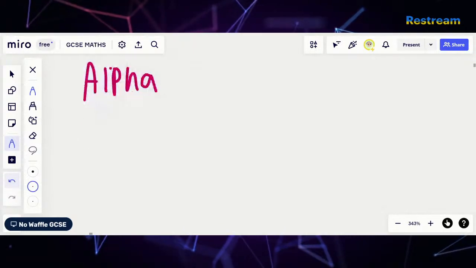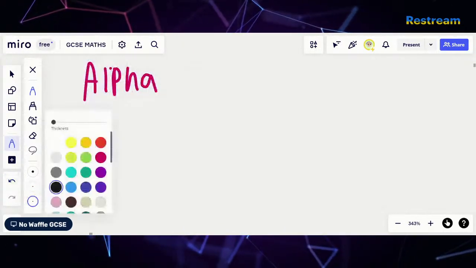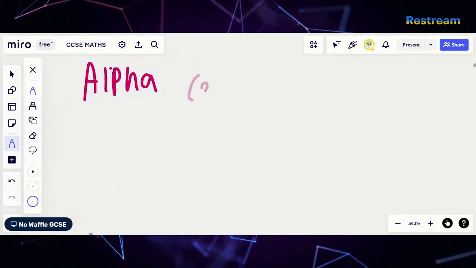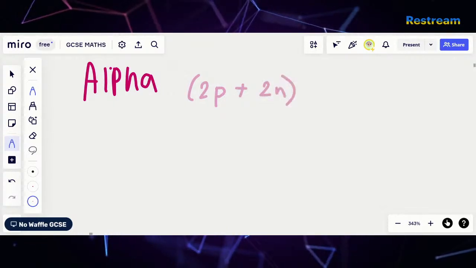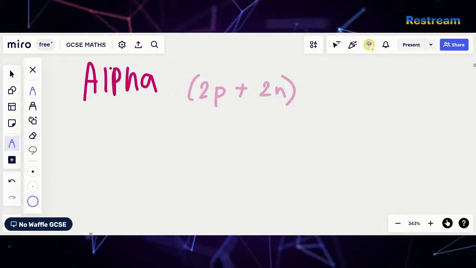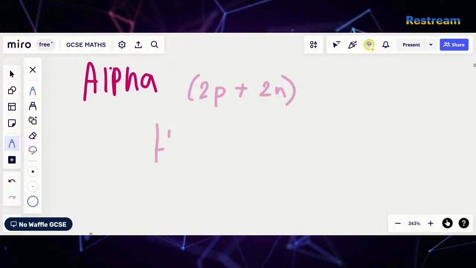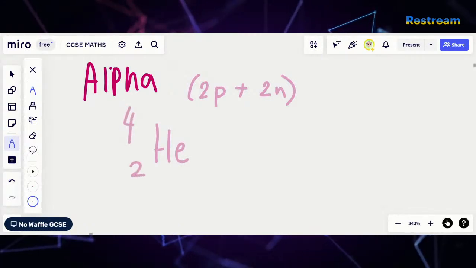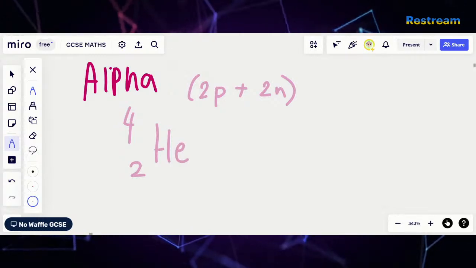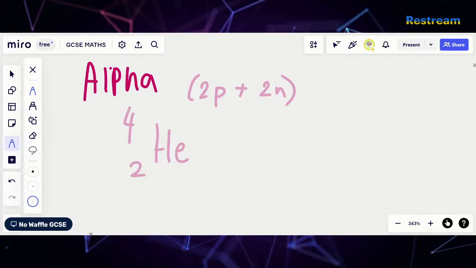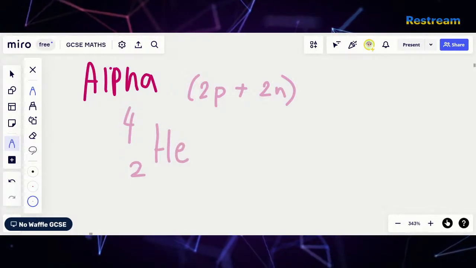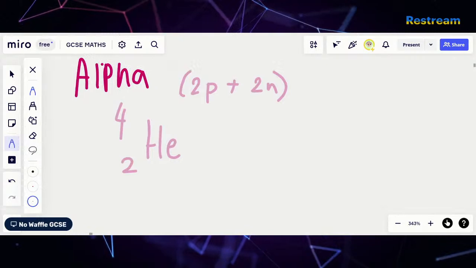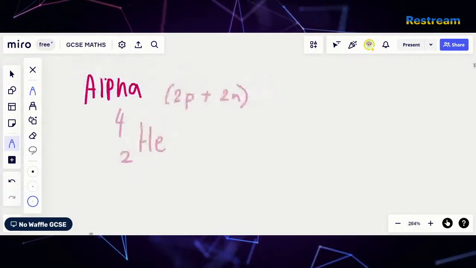Alpha radiation, as you can remember, is composed of 2 protons and 2 neutrons. When we are doing the equations, we can just imagine that it's a helium nucleus, which has 4 as its mass number, because mass number, remember, is protons plus neutrons, and 2 plus 2 is 4, and then 2 as its atomic number, which is the number of protons.